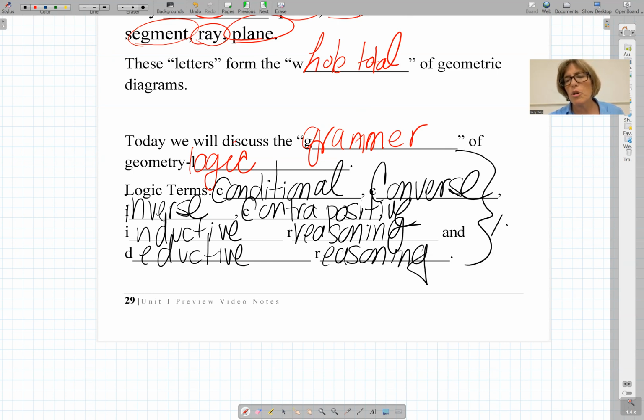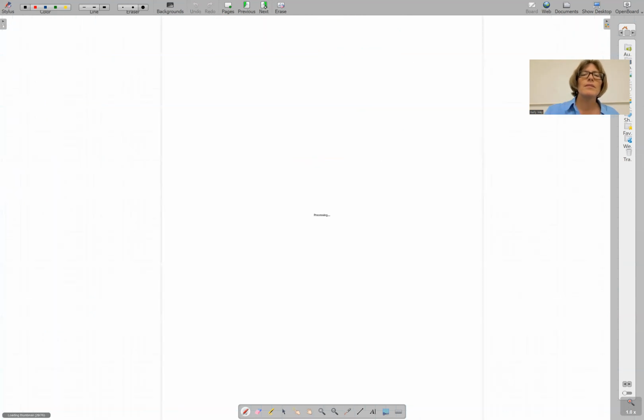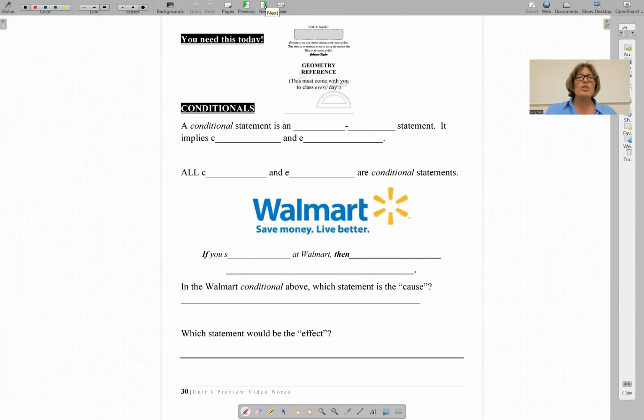All of these vocabulary words feed into the type of logic or the grammar of the language of geometry. So you're going to need that reference booklet in about 15 minutes.